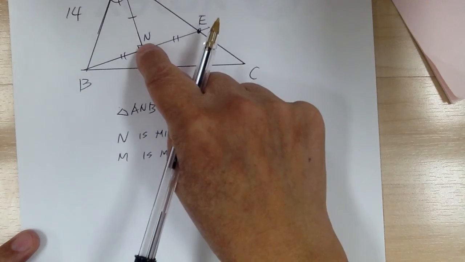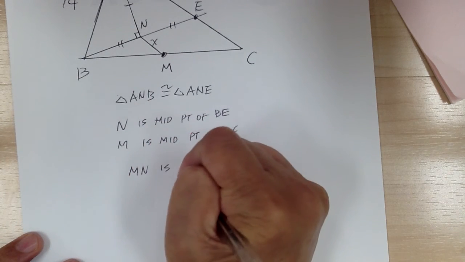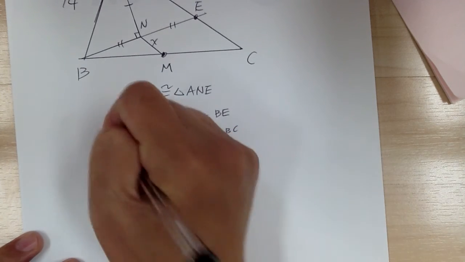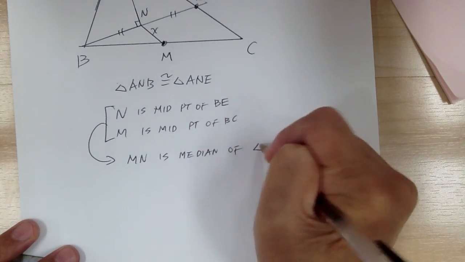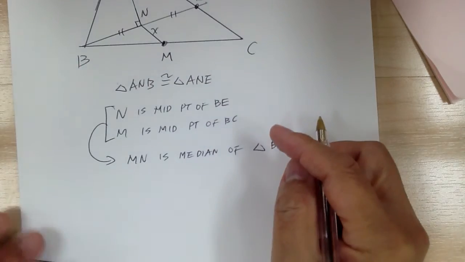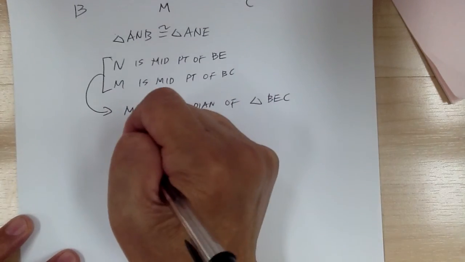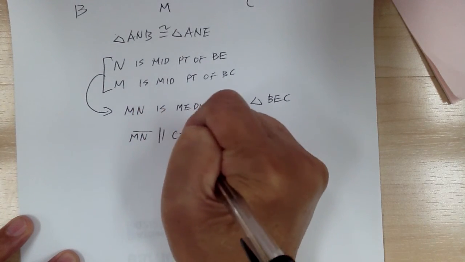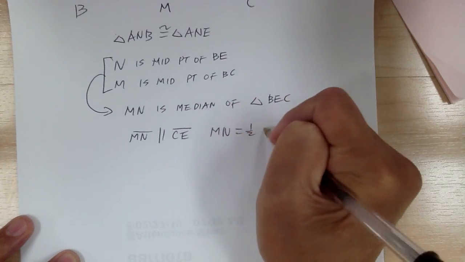So if this is a midpoint and this is a midpoint, then MN is a median. So MN is a median of triangle BEC, and therefore MN is parallel to CE, and MN equal to 1/2 of CE.